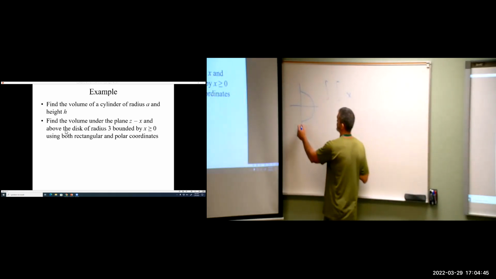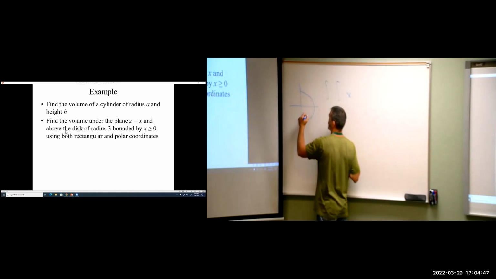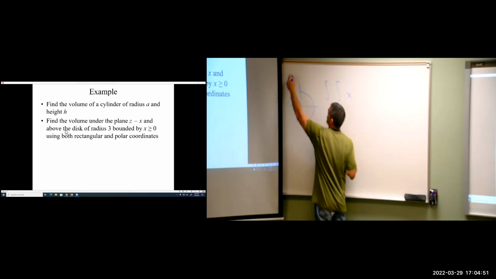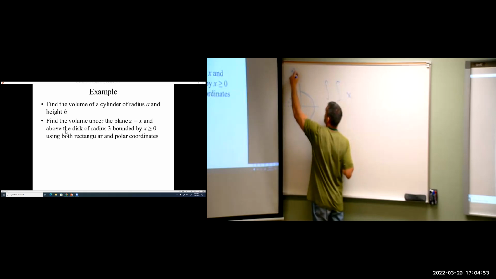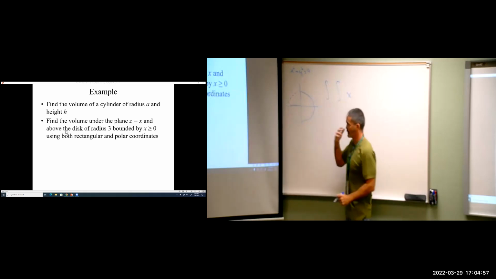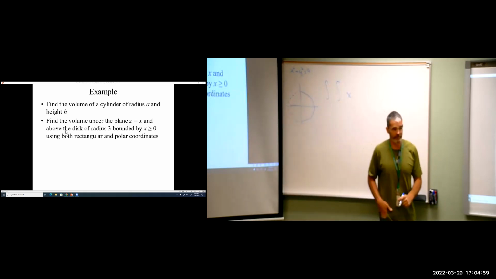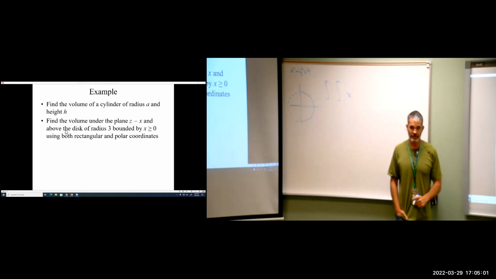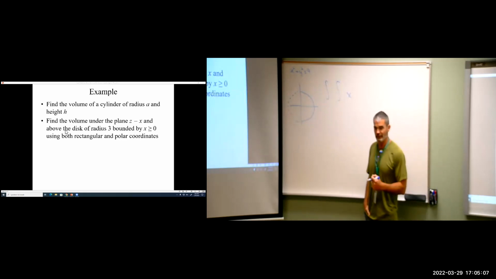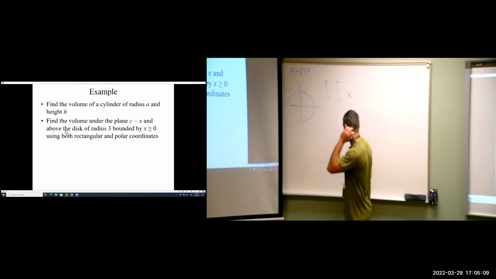If we think about this region here, part of a circle, we know that the equation of a whole circle is x squared plus y squared, in this case, equals 9, or 3 squared. This is something you're going to get really used to in these next couple of sections, because we're going to have a lot of regions that are circular or spherical, so get used to dealing with these equations.